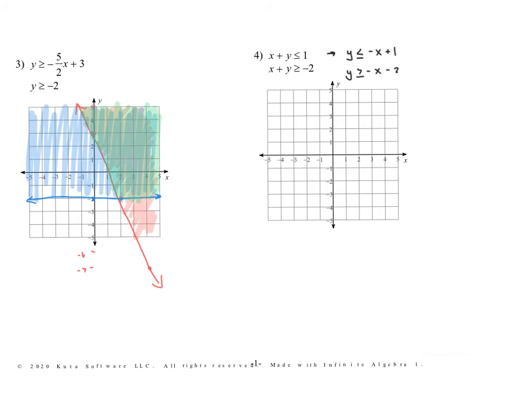So we graph this, plus 1, graphing my first equation, down 1 over 1, down 1 over 1. I have a solid line, and my shading, since y is less than the equation, my shading is down below.